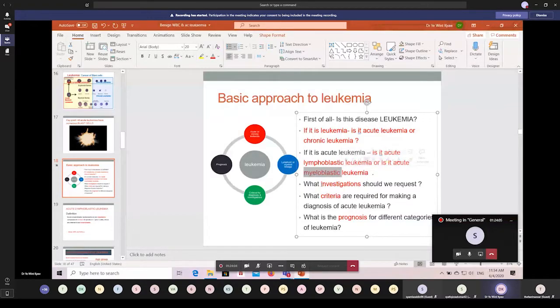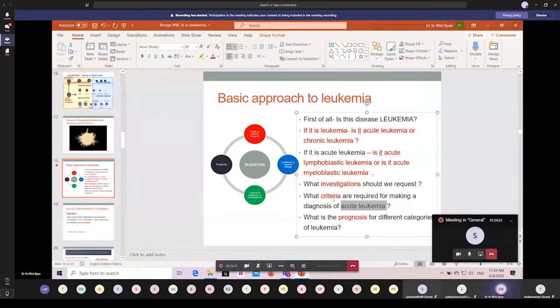What investigation you need to know, and what criteria, how you can tell this is acute leukemia. It's very challenging. You cannot just write from the blood film if there are too many WBC, and the treatment of the different leukemias is totally different.